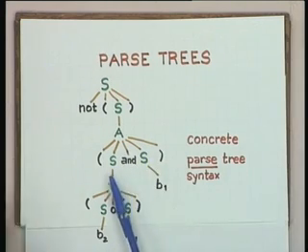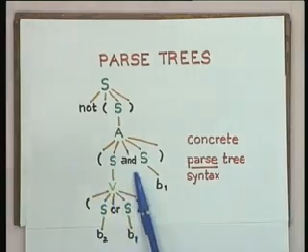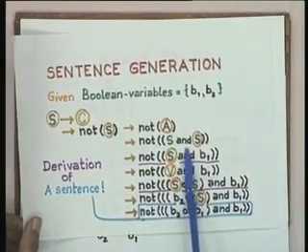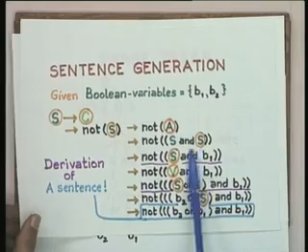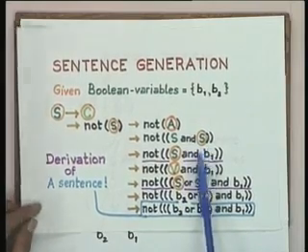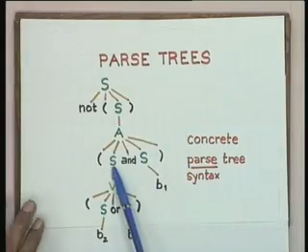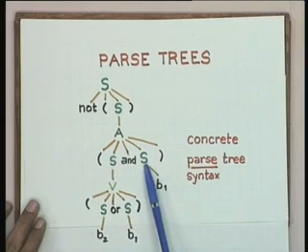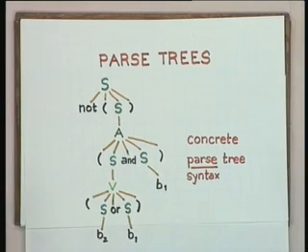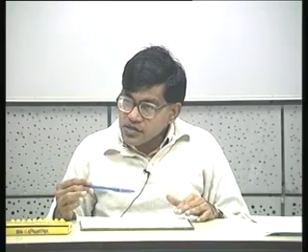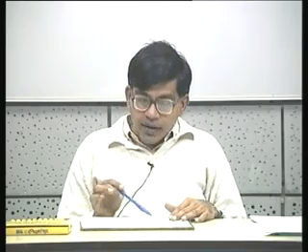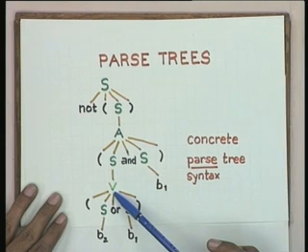And now we are at the same position that we are here in the original sentence. Now the fact that you can choose this S first or this S does not really matter. Eventually, in whatever order you apply the productions for them, if you are interested in generating the sentence that you have generated, then the right hand S should go to a B1 and the left hand S should be expanded into a B2.